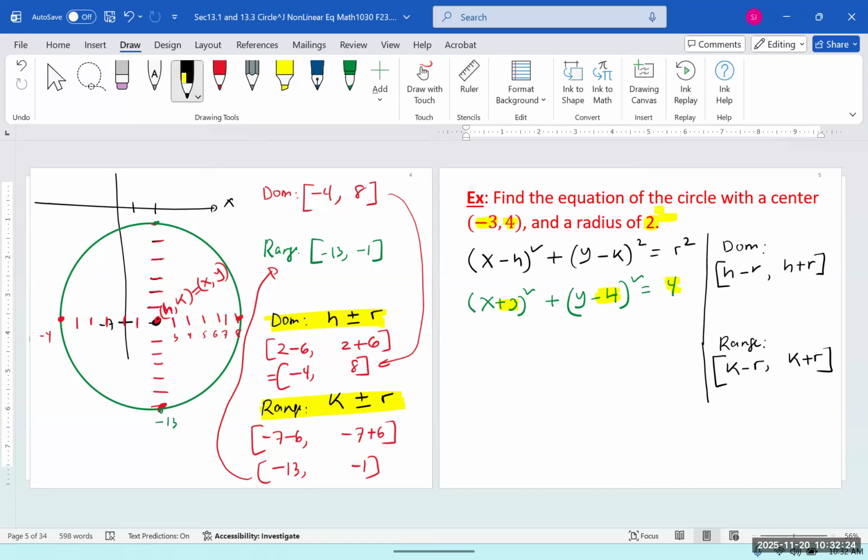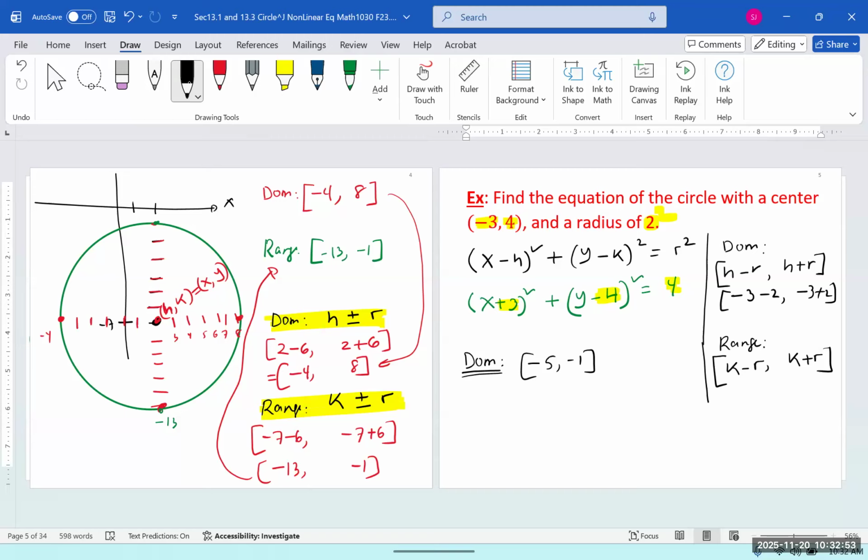So what's the domain? Shahida, domain. Negative 5 to negative 1. So it's negative 3 plus 2. So negative 2 minus 2. And negative 3 plus 2. Would you like to try range? It doesn't matter.